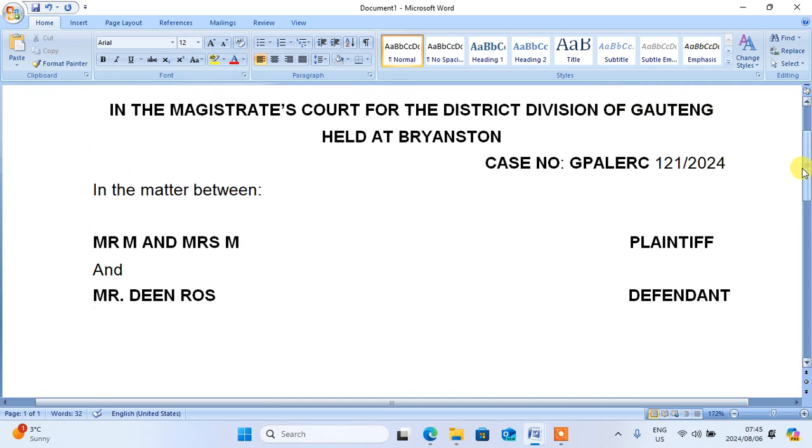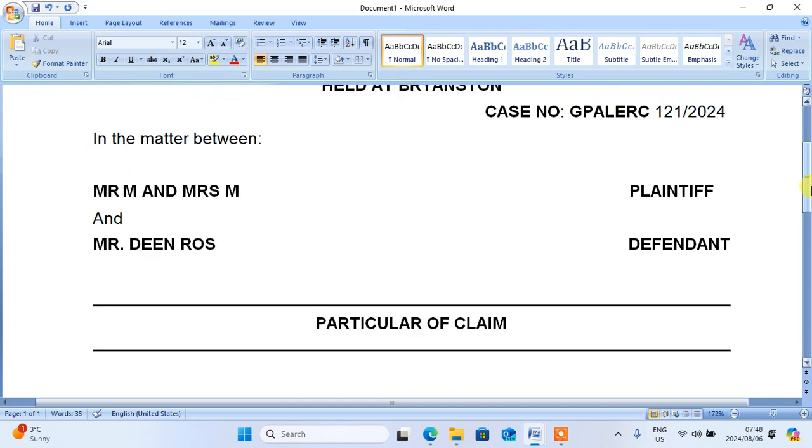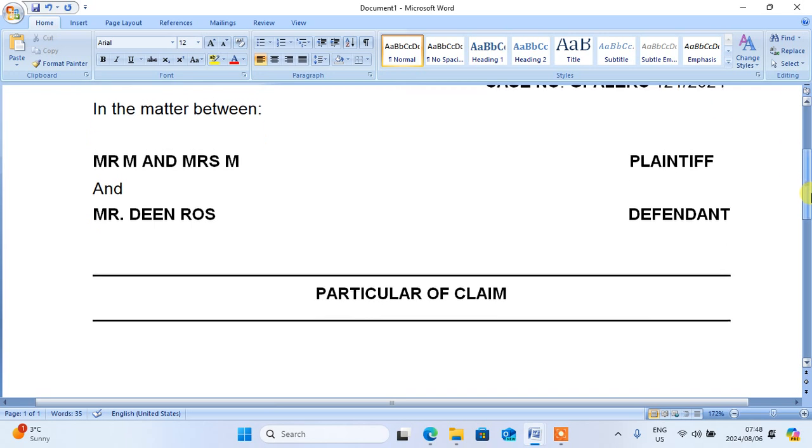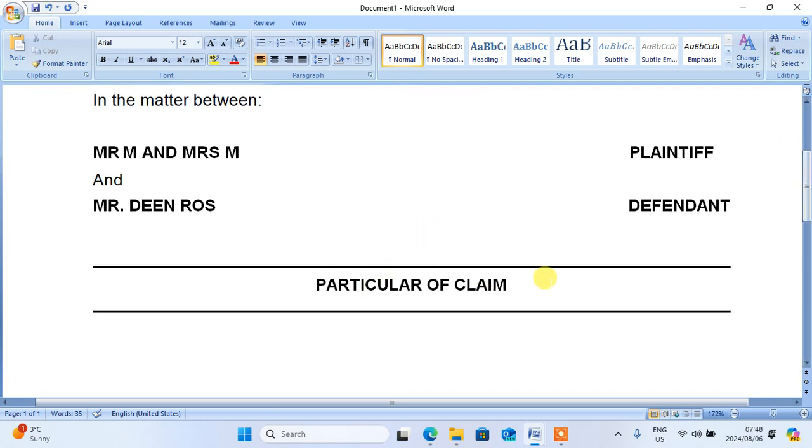So let's continue. After that, you'll come and put the particulars of claim. It's very, very important that you put lines like this, two lines, then you put the particulars of claim. Particulars of what? Of a claim. Or you can just say combined summons.